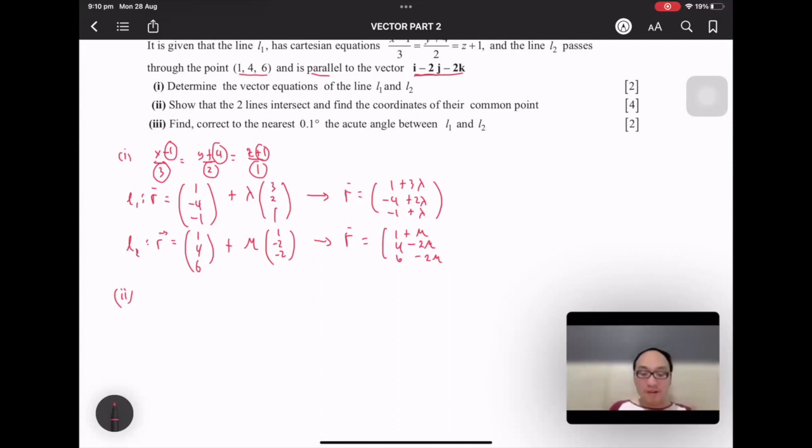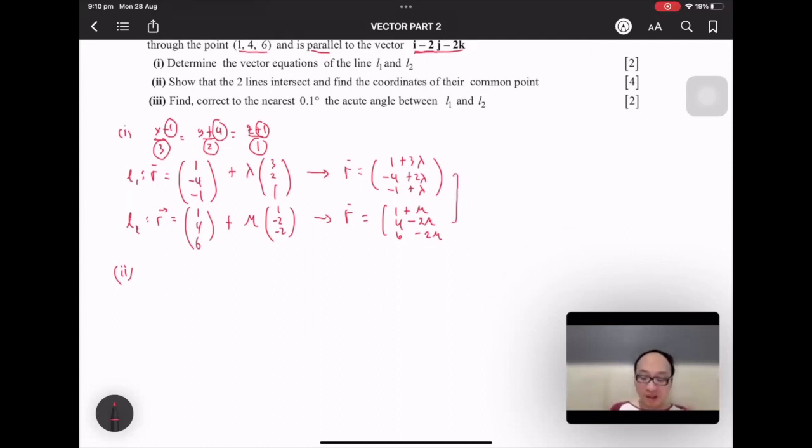Now, to find the intersection point, we have to make the coordinates the same. So that means 1 plus 3 lambda, minus 4 plus 2 lambda, negative 1 plus lambda should be equal to 1 plus mu, 4 minus 2 mu, and 6 minus 2 mu.